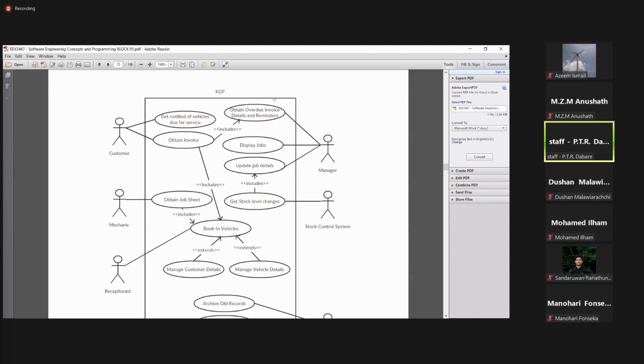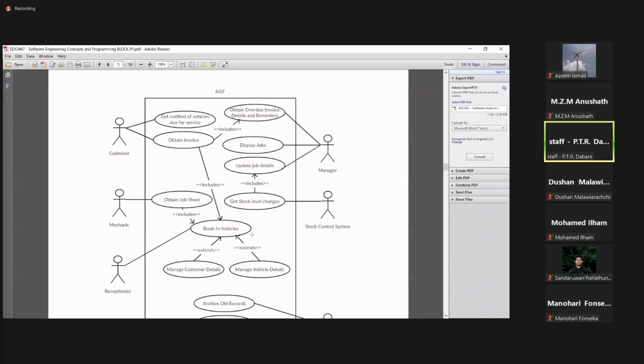So the book vehicle use case must be included, or instead of includes, we can add uses as well. Obtain invoice, book vehicles. To obtain an invoice, one other thing: obtain overdue invoice details and reminders. So customers can get overdue invoices and reminders. So obtain invoice includes that as well.